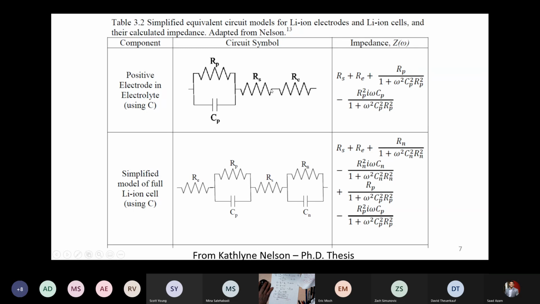So series connected elements just add. So you have the solution resistance plus the electronic resistance, and then the impedance of this parallel RC combination. And this is exactly what I wrote on my piece of paper for the real part and the imaginary part.